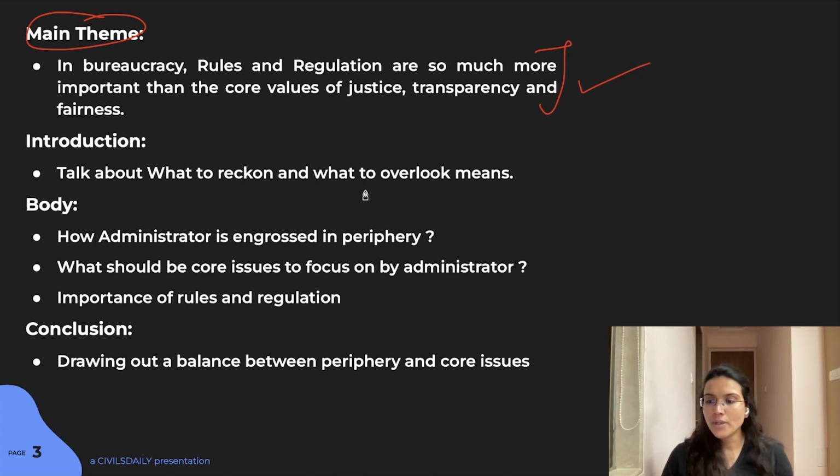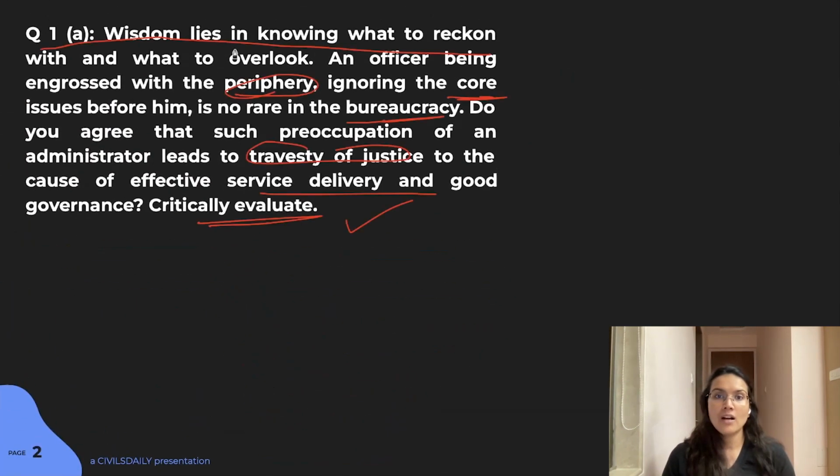So what you can do here is, in the introduction, if you look at the sentence, till this point is something you can cater to in your introduction. Basically, you can talk about what it is to reckon and what it is to overlook in bureaucracy.